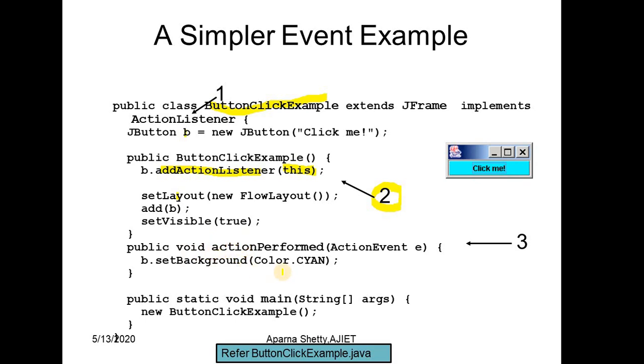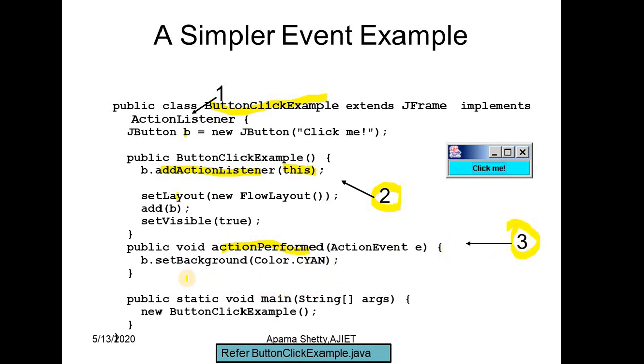Next, we have this actionPerformed method, right? This was the third step. We need to set what action has to take place when an event occurs. That action you have to write within the actionPerformed method.